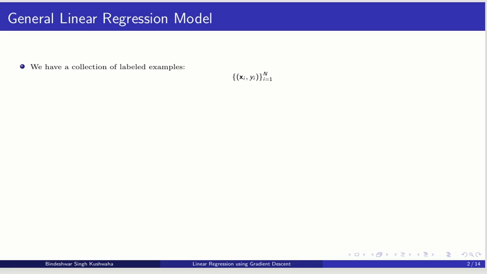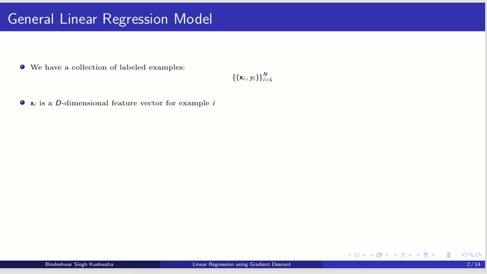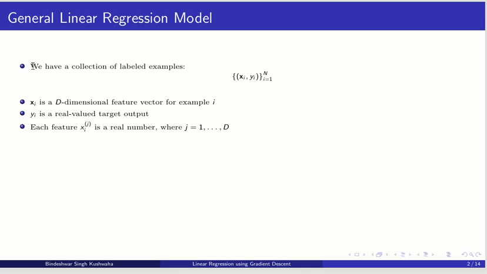So we have a collection of labeled examples. Xi is a d-dimensional feature vector, for example i, and y is a real valued target output. And each feature is a real number where j varies from 1 to d.